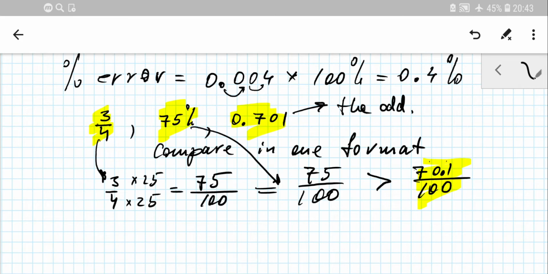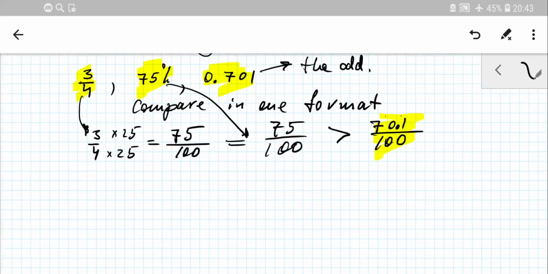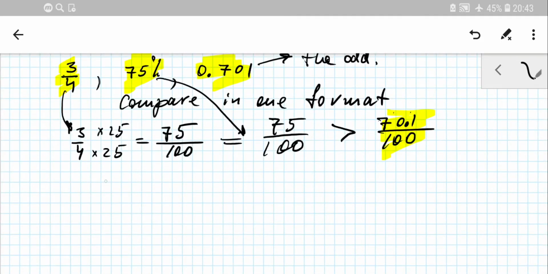And if you want to compare fractions, you also need to come to a common denominator. So if you want to compare different fractions, I don't know, like 7/8 and probably, let's say, 25/26. In this case, how do you compare which fraction is bigger? There is a way to align numerators or denominators.